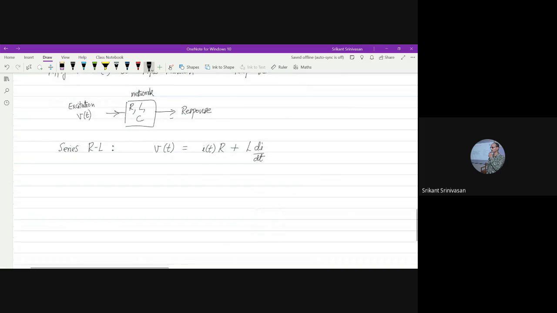The Laplace transform of this is V of S equal to I of S times R plus L into S. Did everybody follow this step?